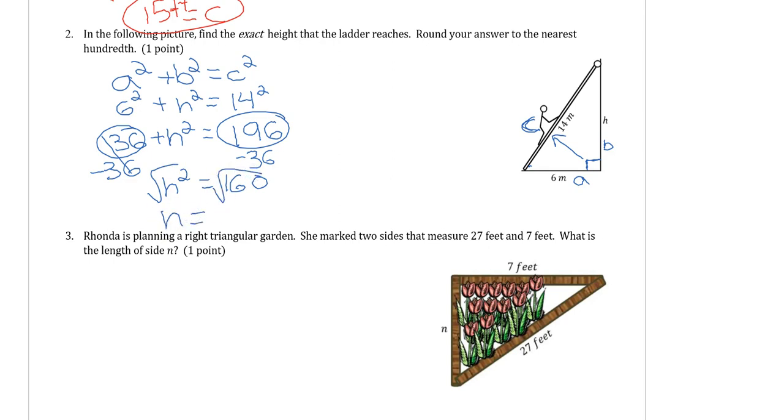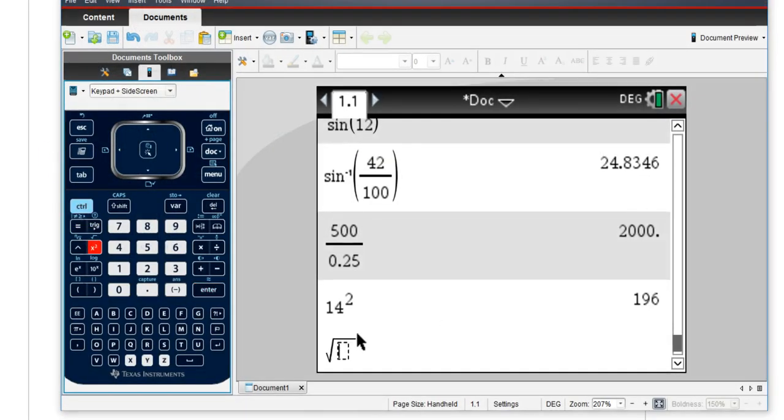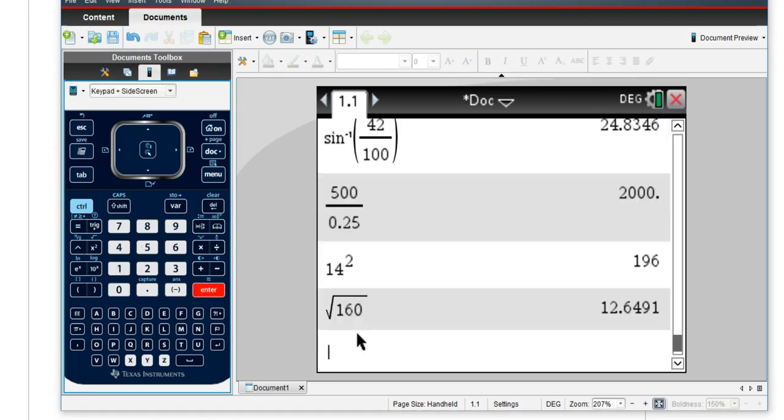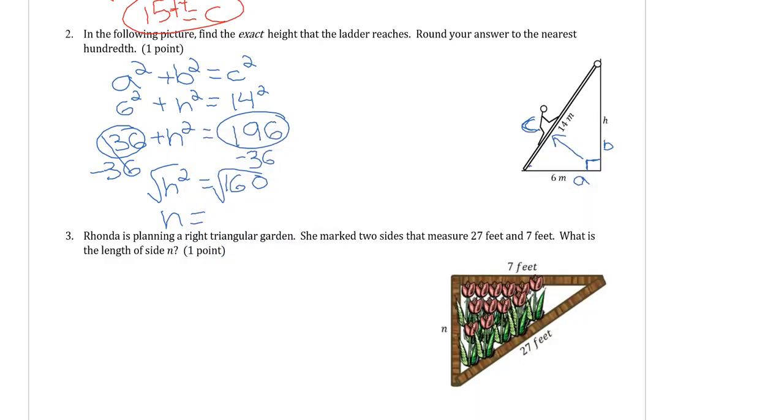So h equals, the square root of 160 is 12.6491. It does tell me to round to the nearest hundredth, which is 2 decimal places. So 12.65. Keep wanting to press that button. And this is meters.